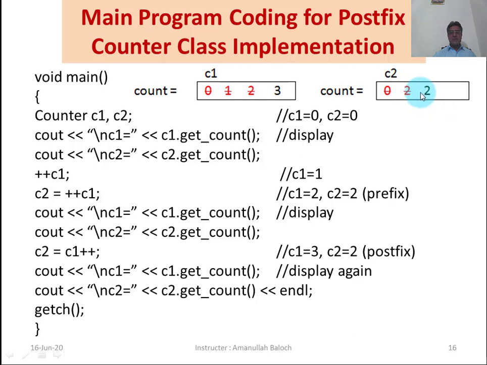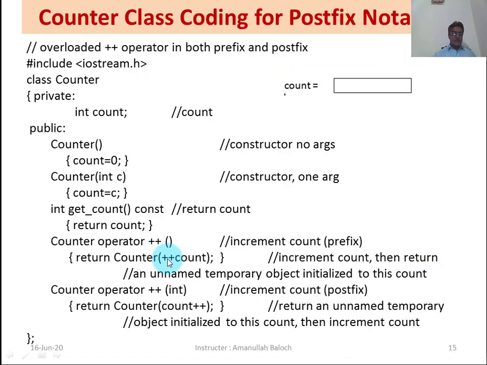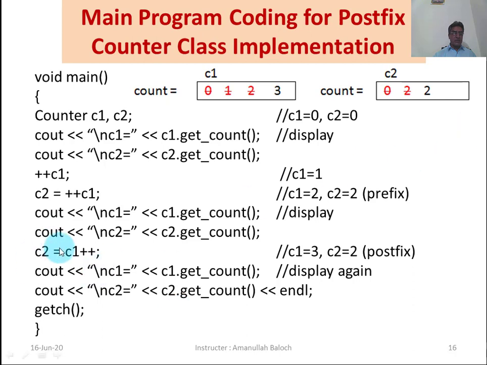So the old value will be returned and assigned to C2. The new value of C2 is again 2, but the count attached with C1 becomes 3, because this statement, after returning the value, increments the count attached with C1, since C1 is calling postfix notation.